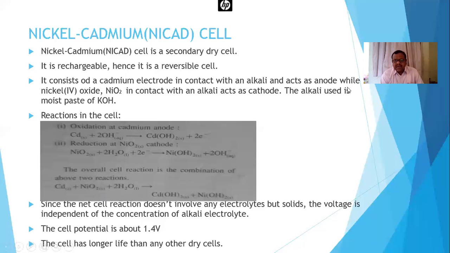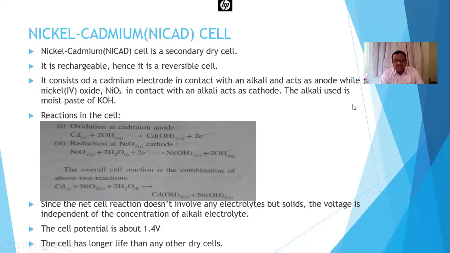It acts as an anode, while nickel oxide, which has four valencies, that is NiO2, in contact with the alkali, acts as a cathode.